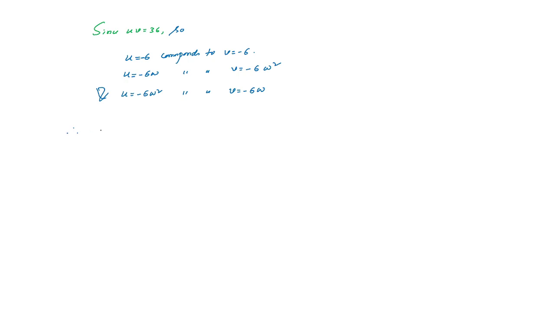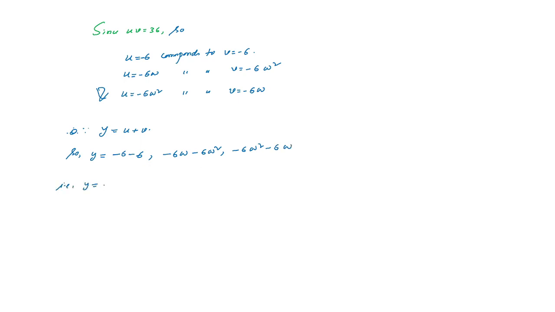So therefore, what is the value of y? You know y equals u plus v. So y equals minus 6 minus 6 for the corresponding u and v, so that is minus 12. Then minus 6 omega minus 6 omega square, and minus 6 omega square minus 6 omega.